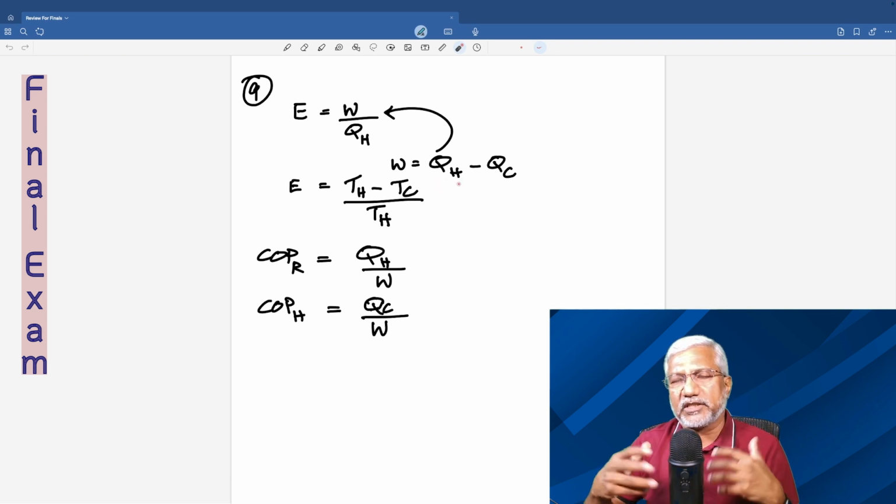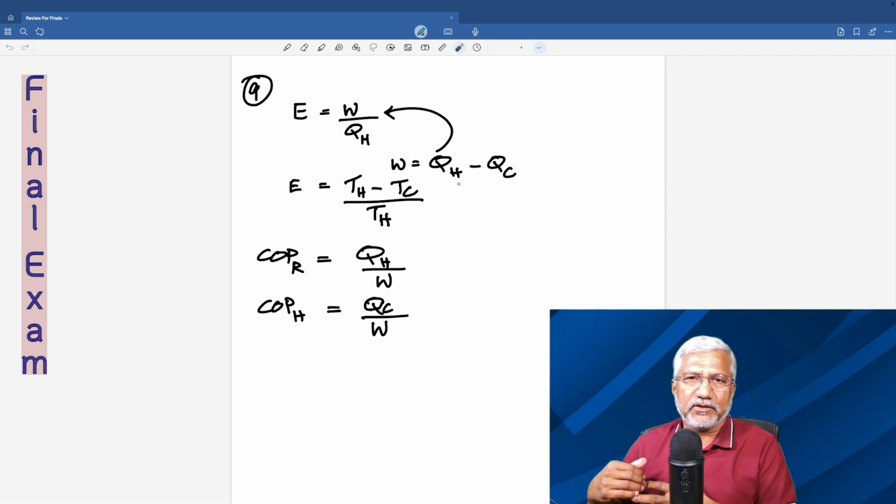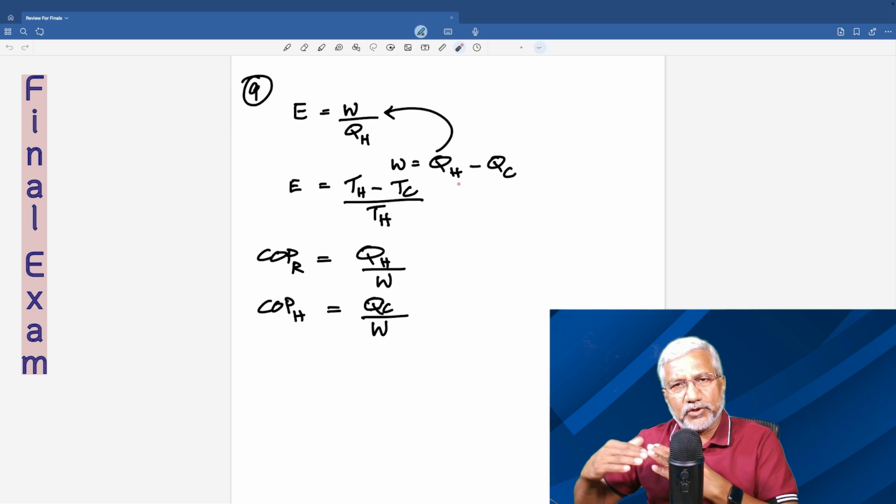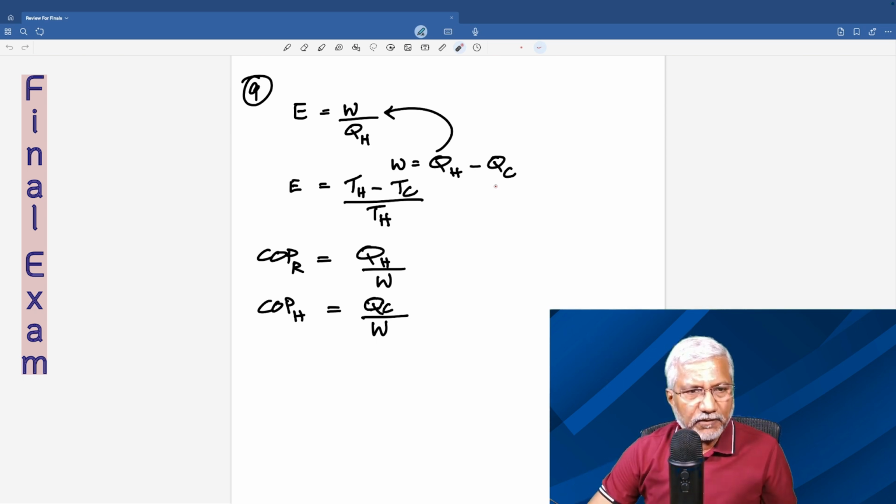And then it converts a part of it into work. And then whatever heat remains, it rejects. That is QC. So QH is the heat taken in, QC is the heat given out. And the work done is the difference between the two. And efficiency is work over QH.